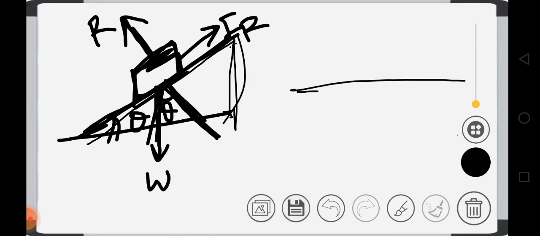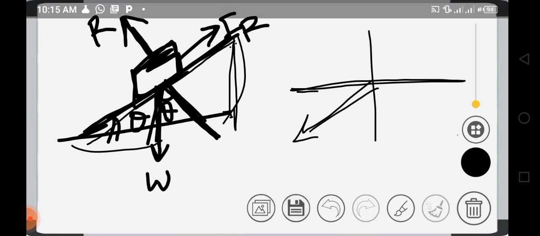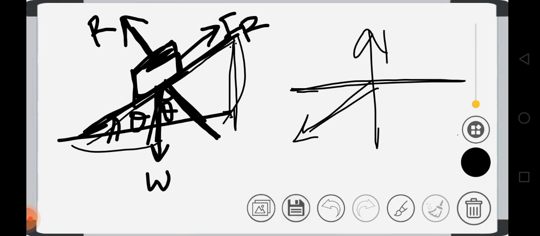Let's say the line is now horizontal. The weight will come to this side. This weight will also shift to this side. Then this one will now be vertical like this. This will be the normal reaction. Then this will be the angle between the weight and the normal reaction.